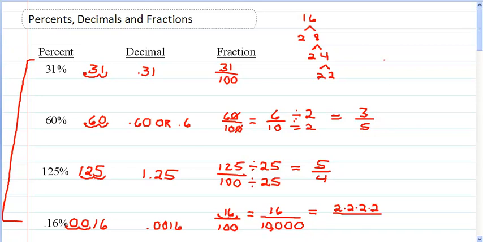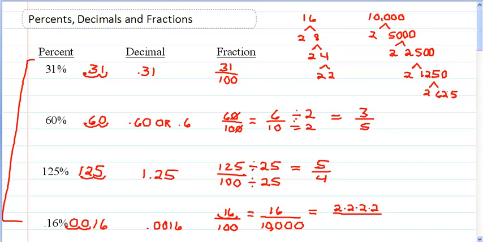Now I'm going to take 10,000, and I'm going to start the prime factorization as 2 times 5,000, and then 2 times 2,500, and then 2 times 1,250, and then 2 times 625.